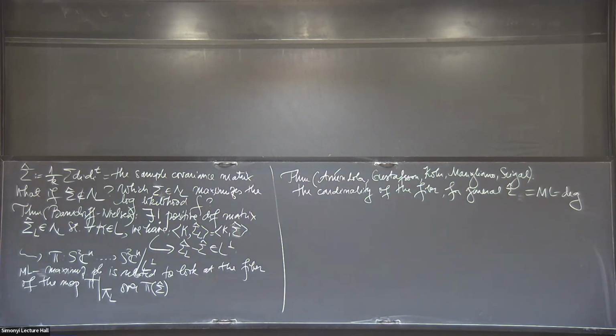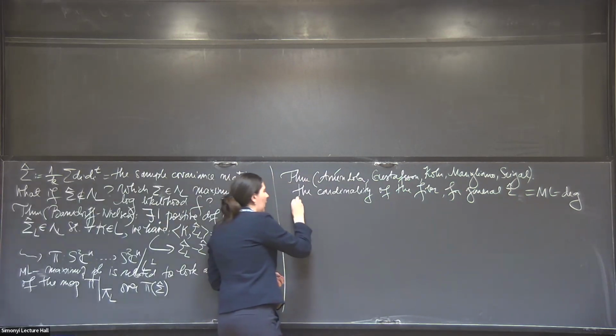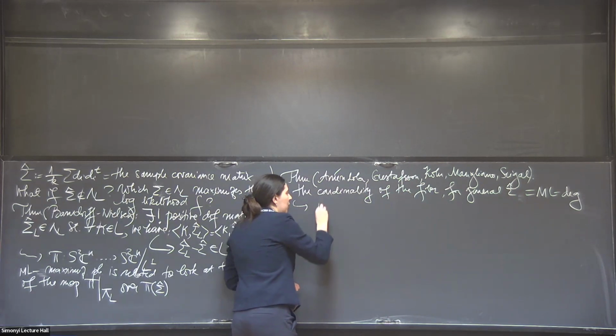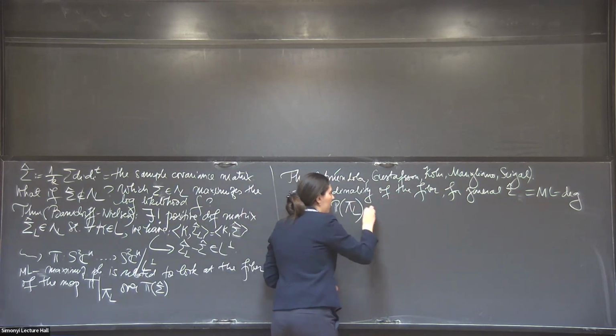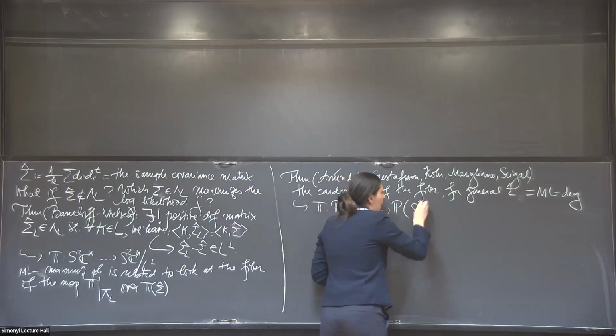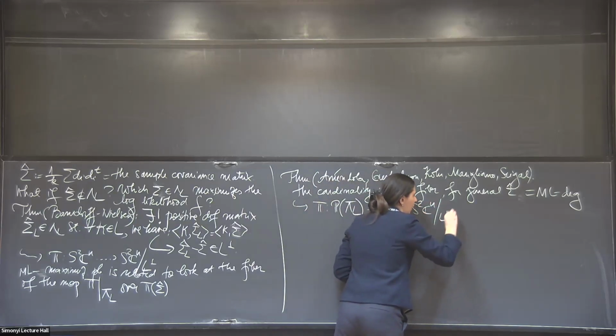So in particular, I can see the ML degree as being the degree of the map from the projectivization of our variety to P of the space of symmetric matrices modulo L perp.